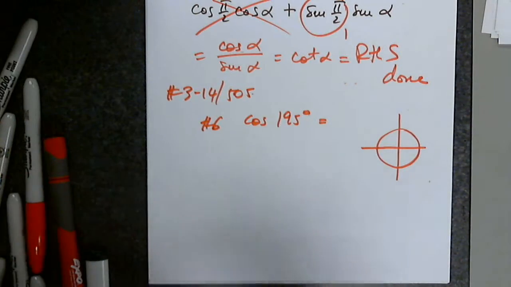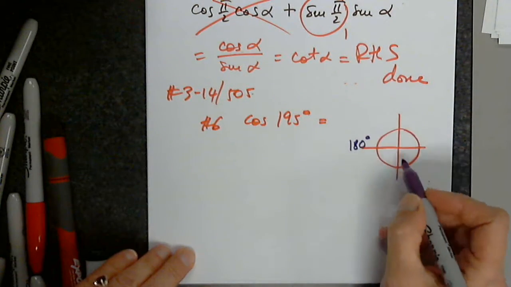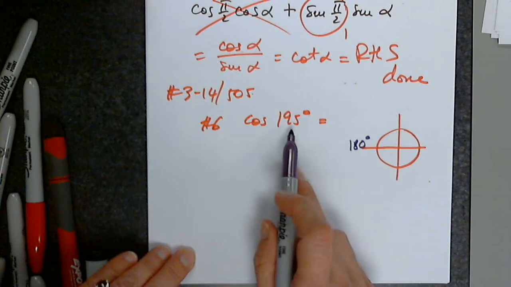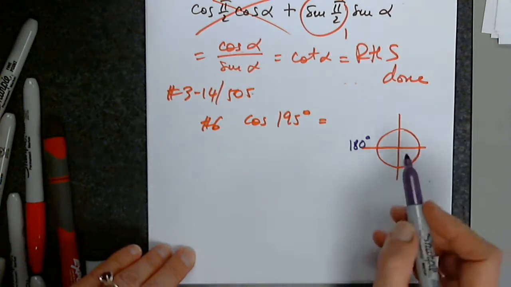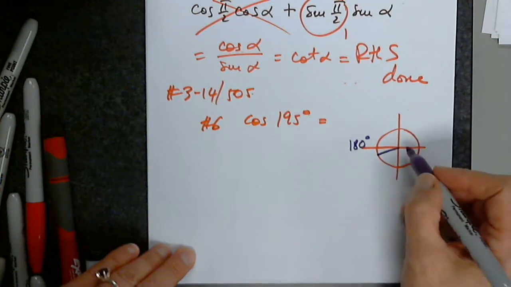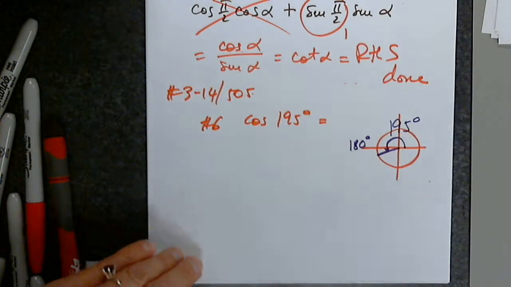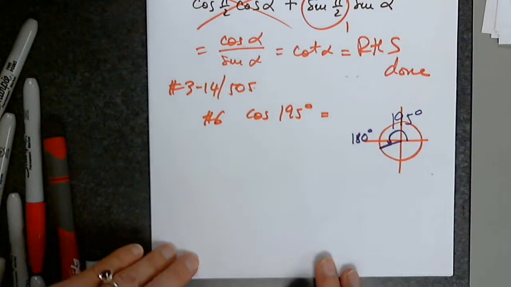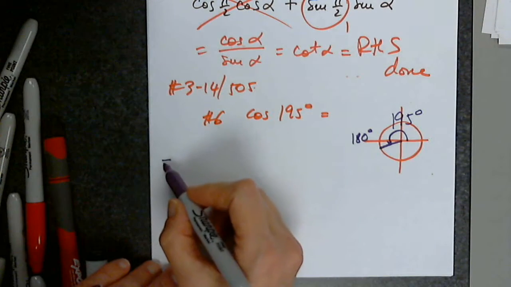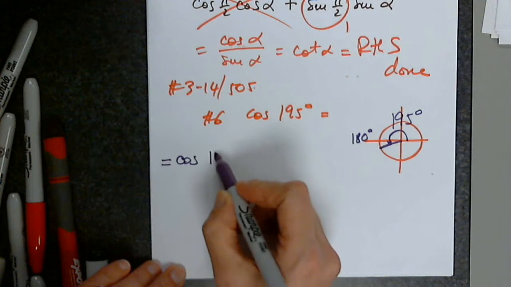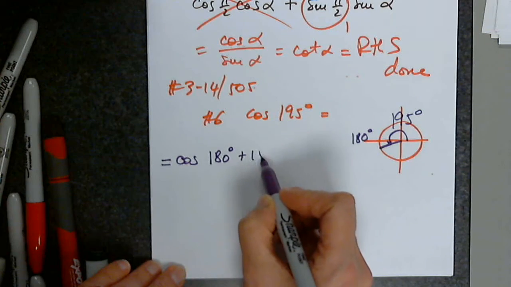It is in the third quadrant. So if this is 180 degrees, then from 180, I need another 15 degrees, right? So this is the angle in question of 195 degrees, correct? Okay. So for now, I'm going to say that this is cosine of 180 degrees plus 15 degrees.